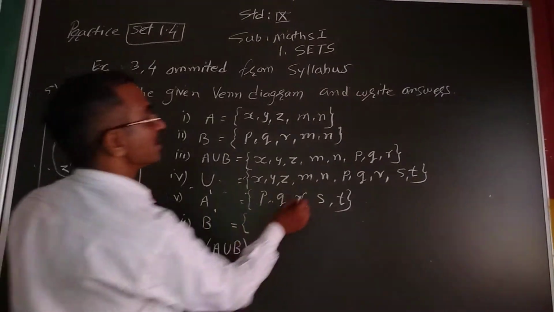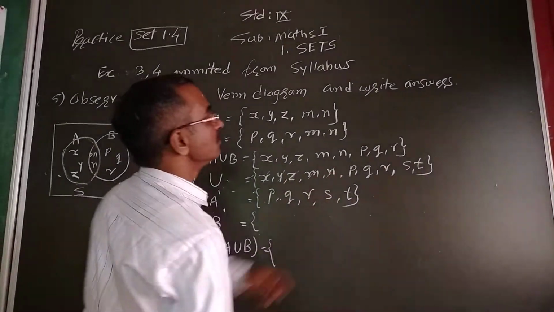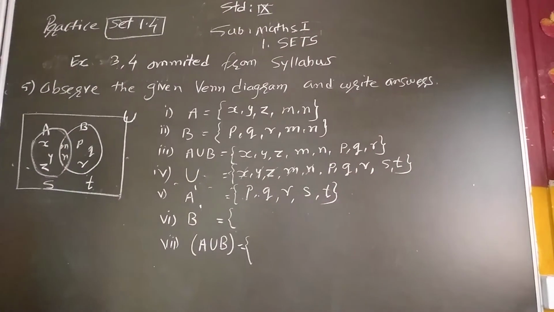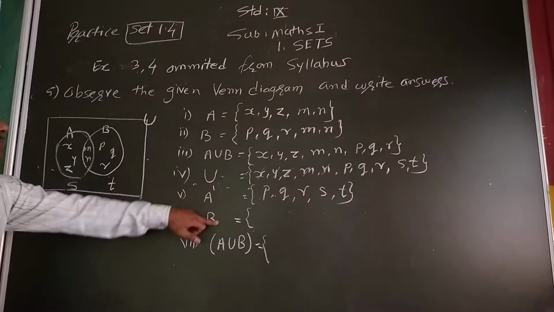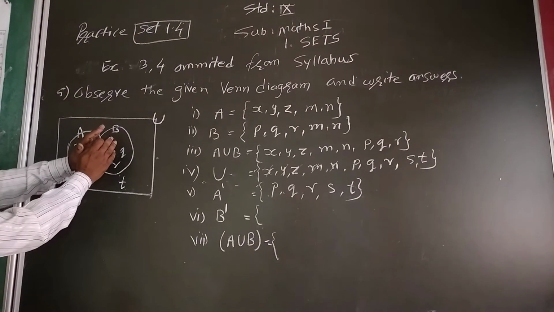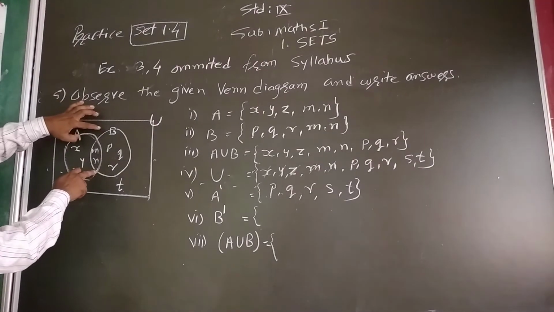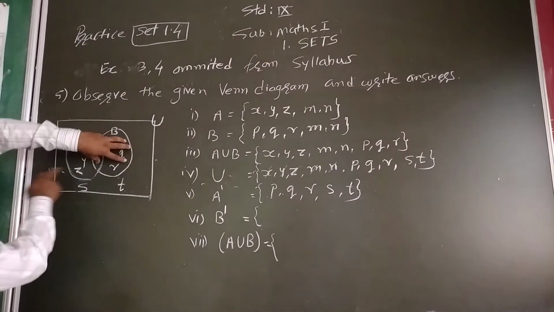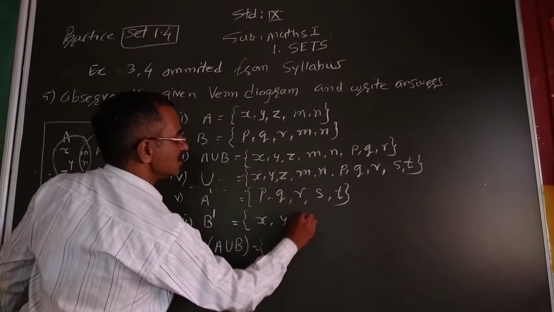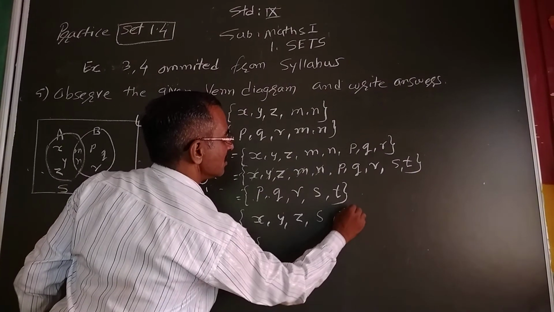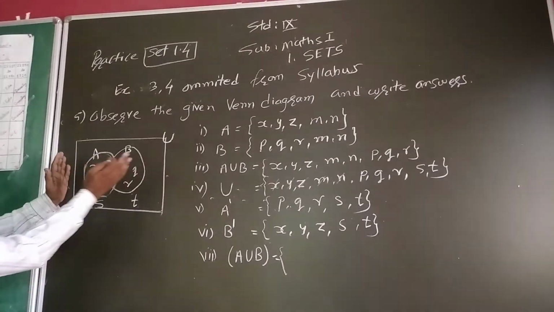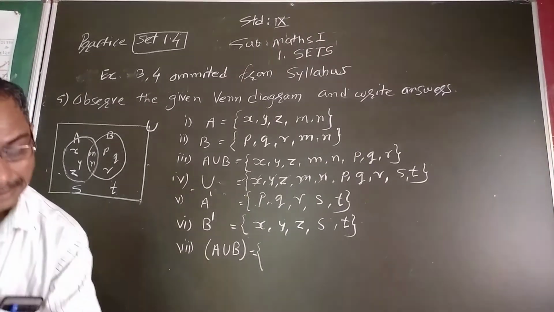X, Y, Z, M, N. Will remain P, Q, R, S and T. वो A के कॉम्प्लीमेंट में होगा. सेम वे B का भी कॉम्प्लीमेंट, जो B में नहीं है वो कॉम्प्लीमेंट में आएगा. तो रिमेनिंग आर X, Y, Z, S and T. This is B complement. Then A union B. A intersection B.